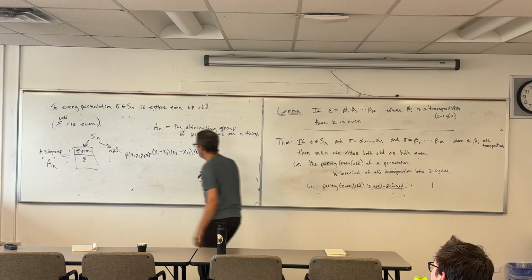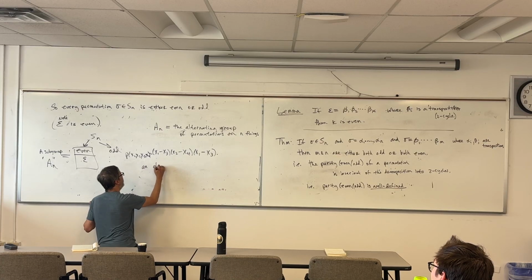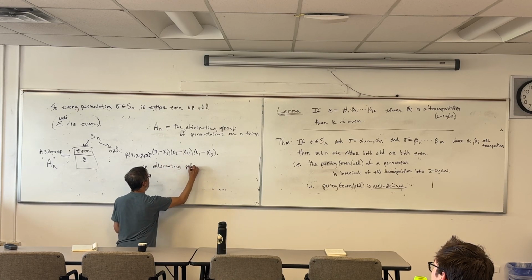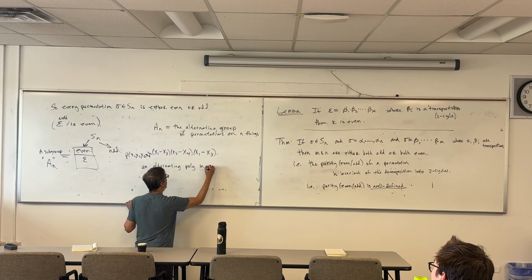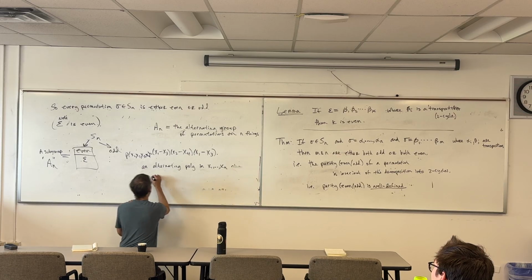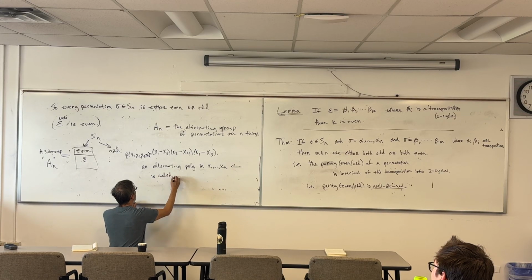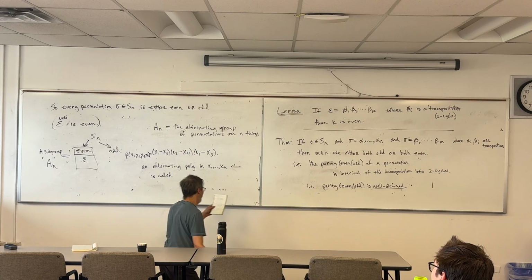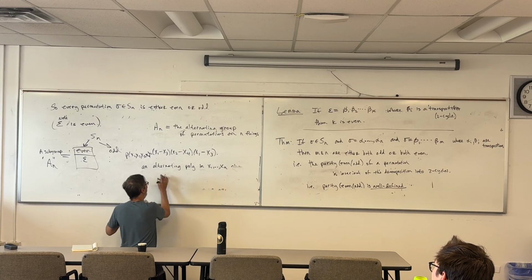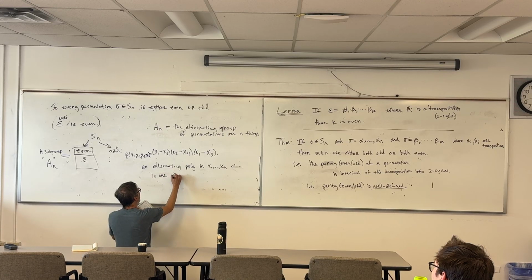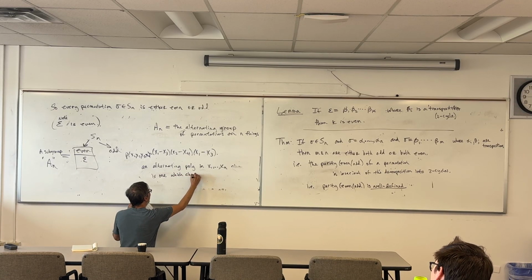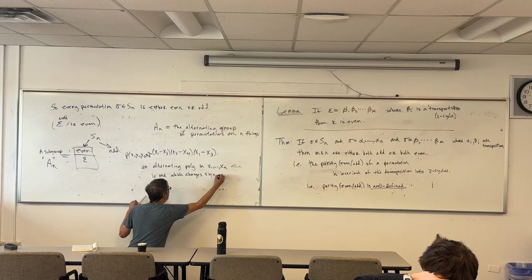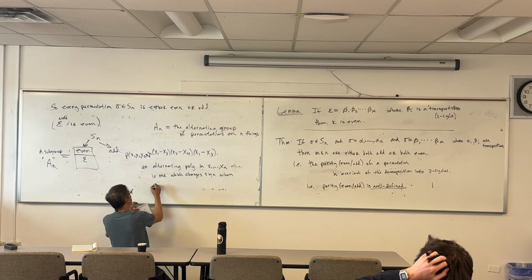So an alternating polynomial, a polynomial in x1 through xn, is called alternating if it changes sign when we transpose two variables.